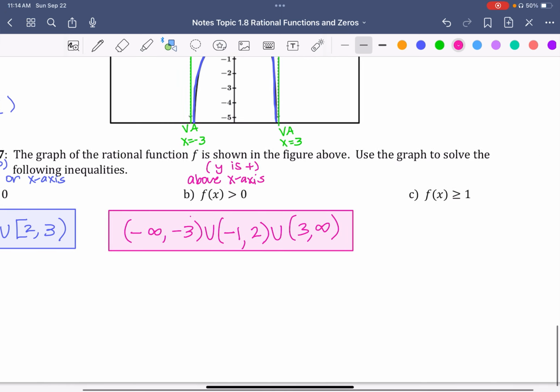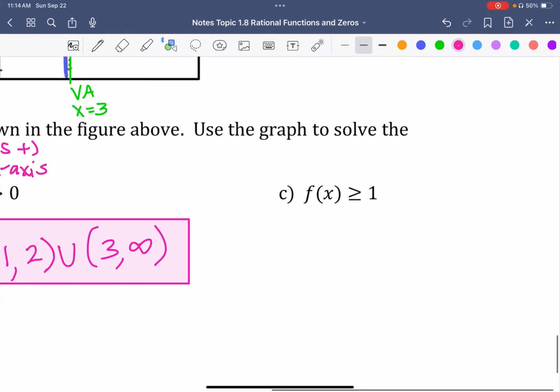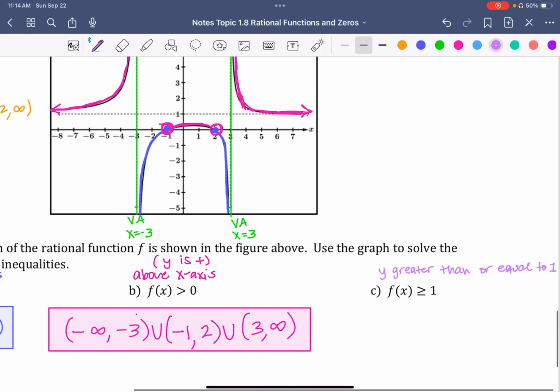Let's try one more. F of x is greater than or equal to 1. So that's asking me, where is y greater than or equal to 1? Okay, so let's look at the graph.